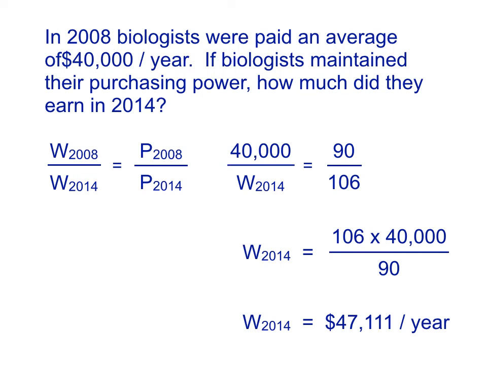So if prices have gone up by a certain factor, and that factor is 106 divided by 90, then I'm simply going to take that factor, multiply it by 40,000, and that's going to give me $47,111 per year. So I want my wage to go up by the same factor as did prices.